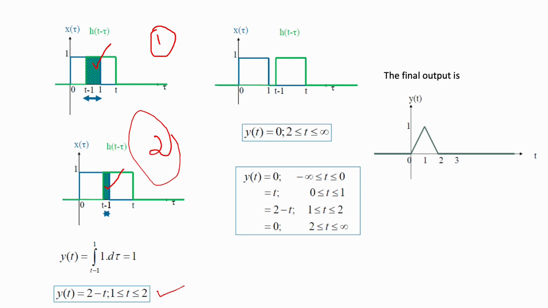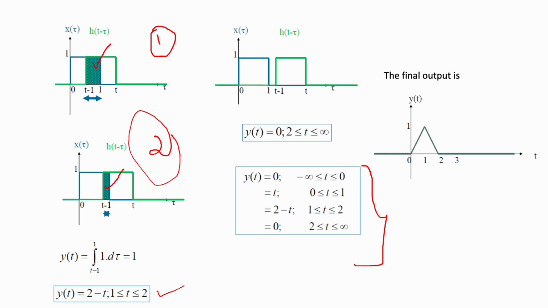So now the final answer is concluded. y of t is equal to, from step 2, 0 for negative values of t, the amplitude becomes 0. Now you take t lies between 0 and 1. This is step 4.